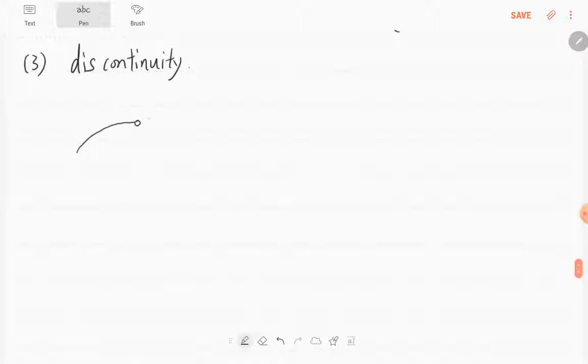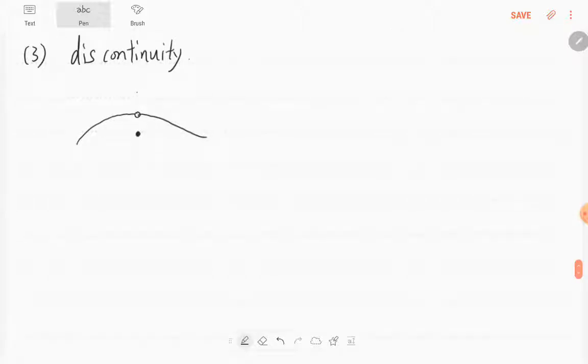We have a circle here, then we continue. At this point, it takes a value, for example here, maybe here, maybe here, it doesn't matter. This is discontinuous at this point, because when you draw the graph, you have to lift your pen to draw the point here, then continue this curve. So this is discontinuous at this point.